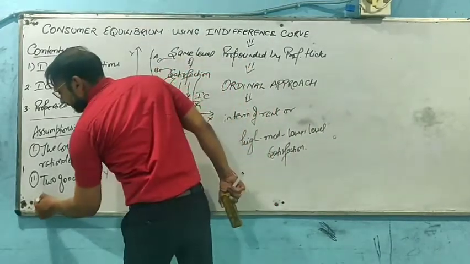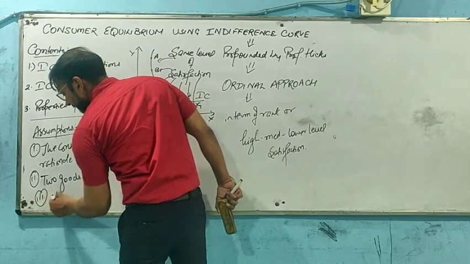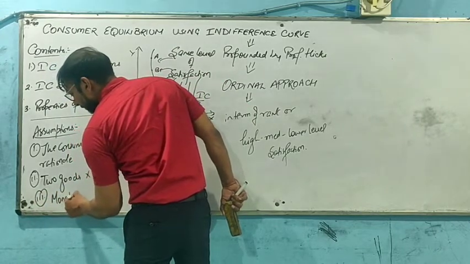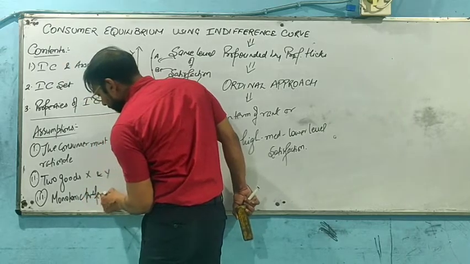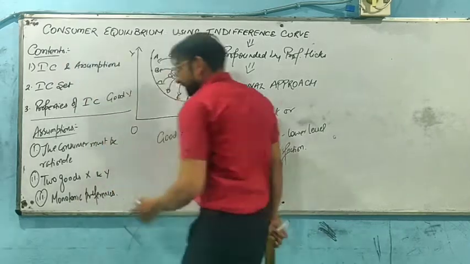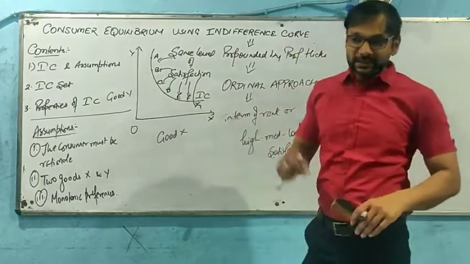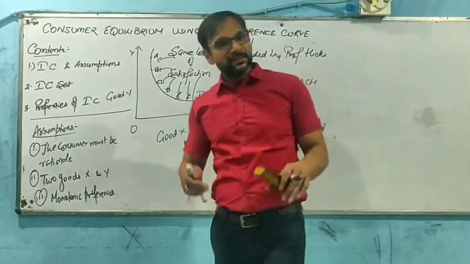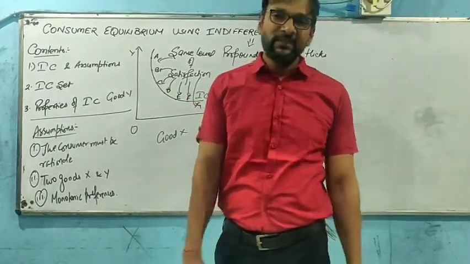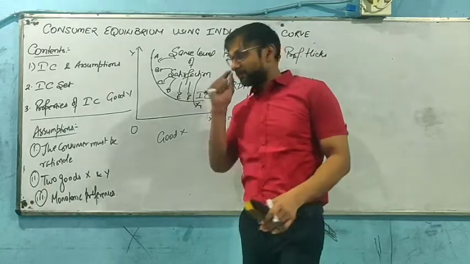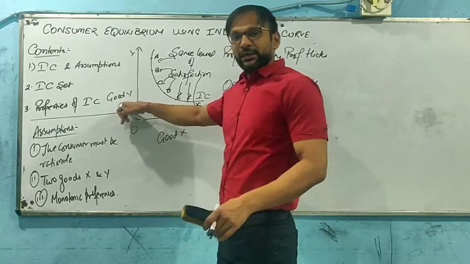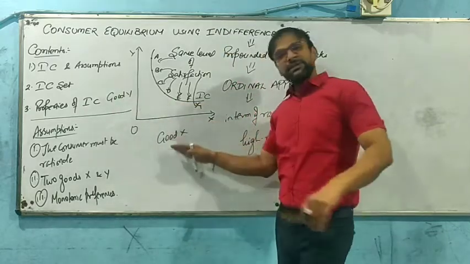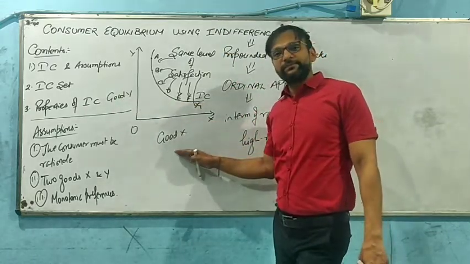Now, third, there must be monotonic preferences. What do we mean by monotonic preferences? This indicates that a consumer has a limited level of income. With his limited level of income, he must sacrifice some units of one good in order to gain more units of another good.